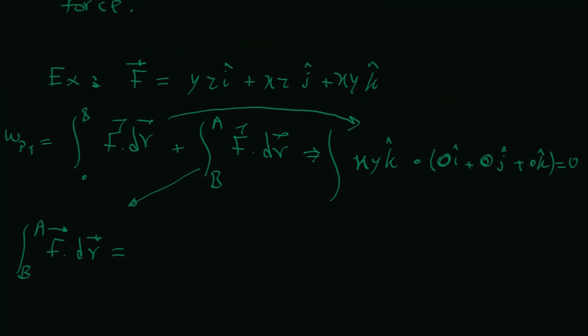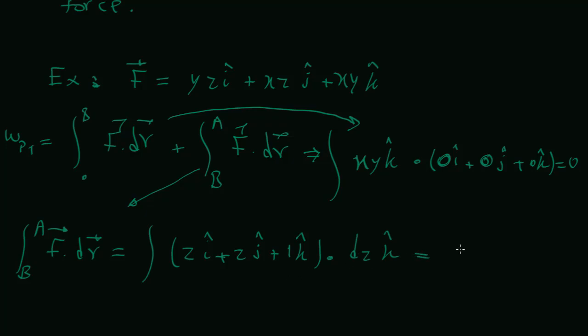Substituting in the force equation, F is equal to z in the i plus x plus z in the j plus xy, which is 1 times 1, so 1 in the k, times dr, and dr is just dz in the k.